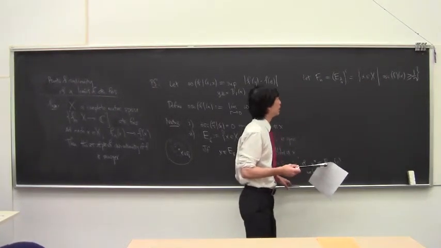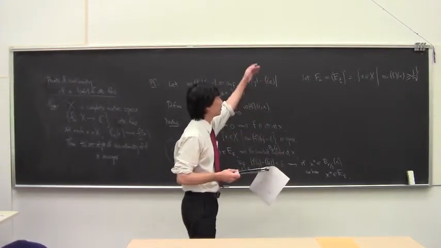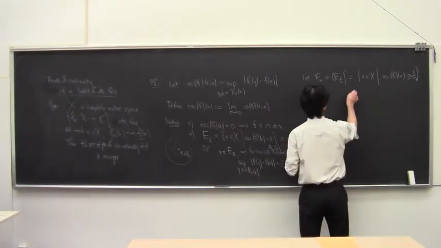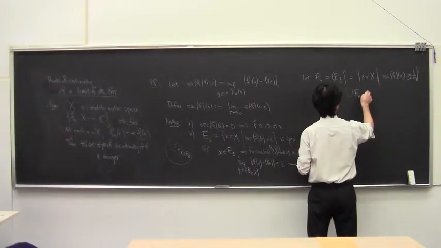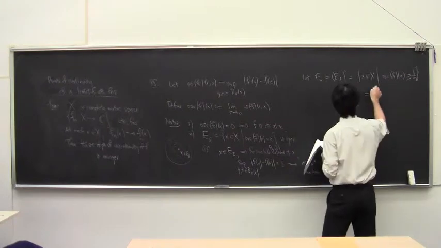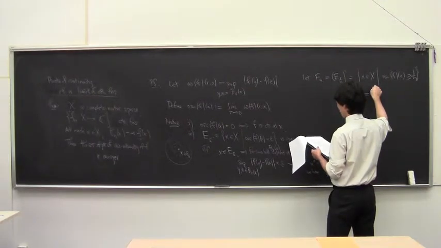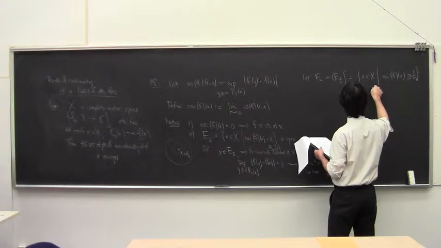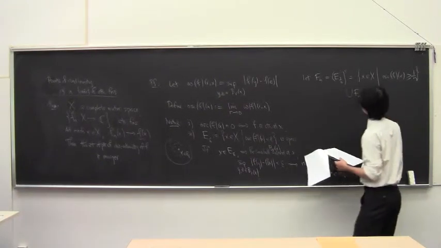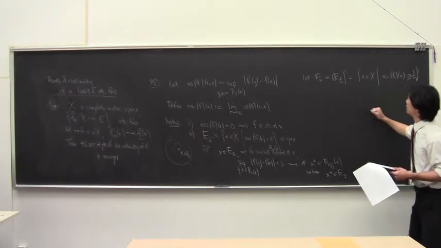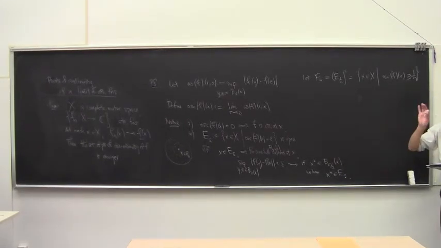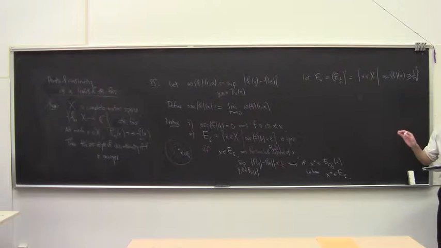We know that the union of the F sub n's is going to be all of... I'm sorry, we're not exhausting X. Sorry, what I said was crazy.